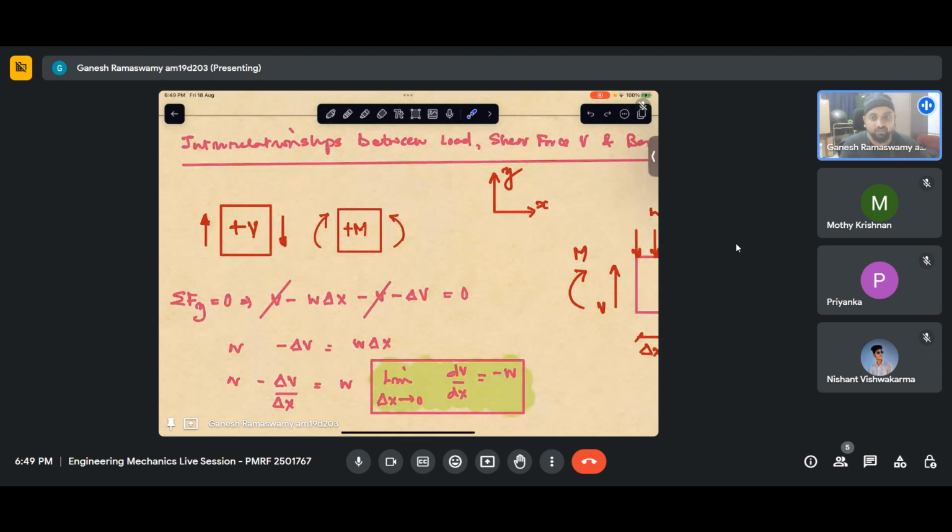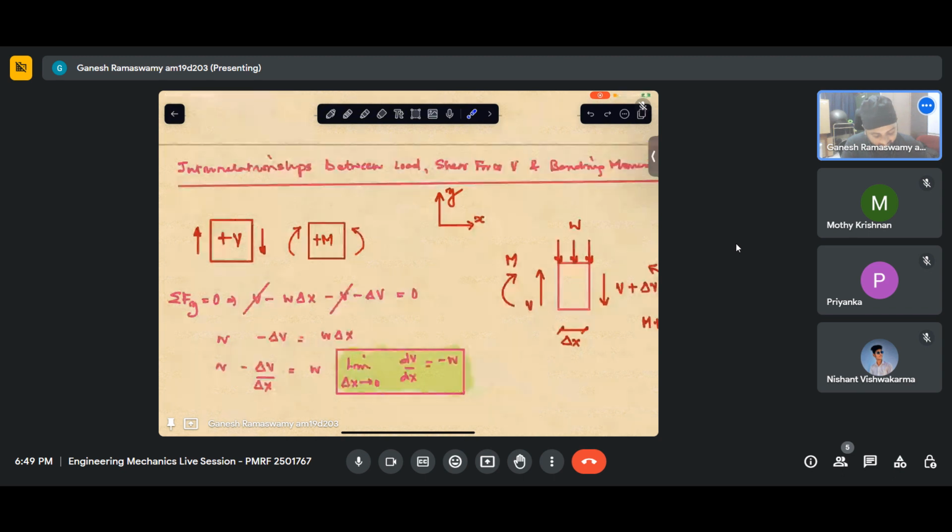It is quite possible that you might come across examples in books which use a different sign convention. So the idea is not to stick to one convention. The idea is to interpret and be able to solve questions once you are given a sign convention. So we will proceed with this sign convention that is given to us.